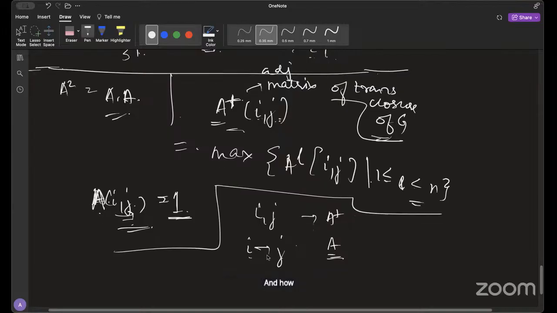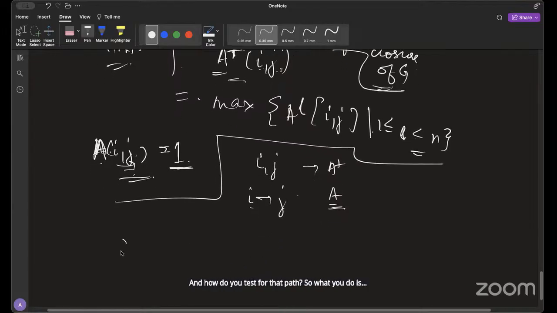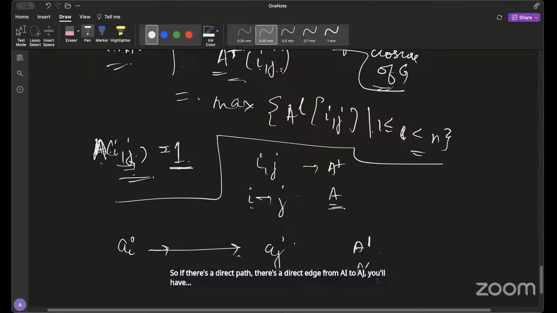And how do you test for that path? Let's just say there's AI and there's AJ. You test for every path here. Either there's a direct edge from AI to AJ, that's A1 for you, so you'll have AIJ as 1.